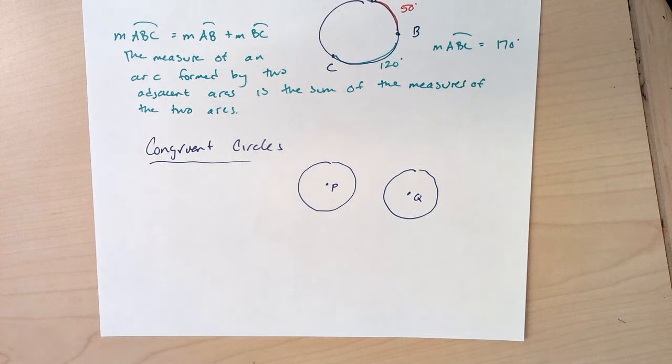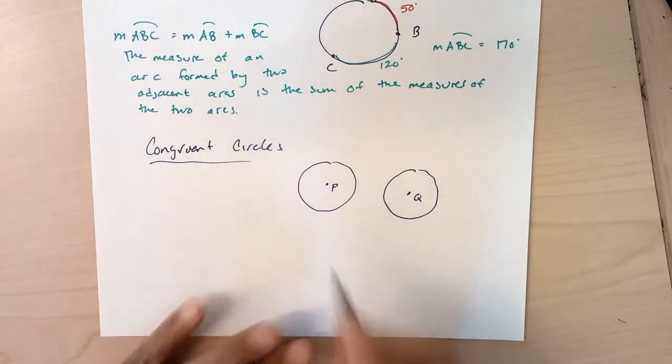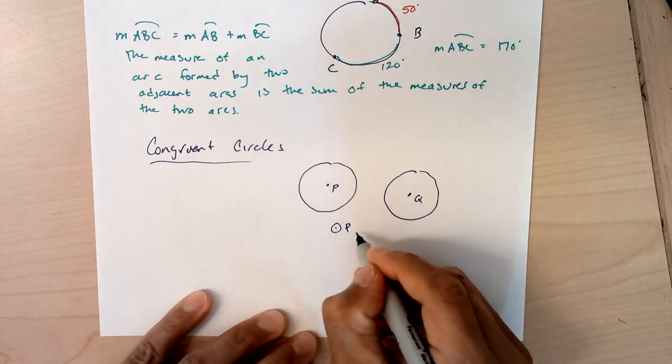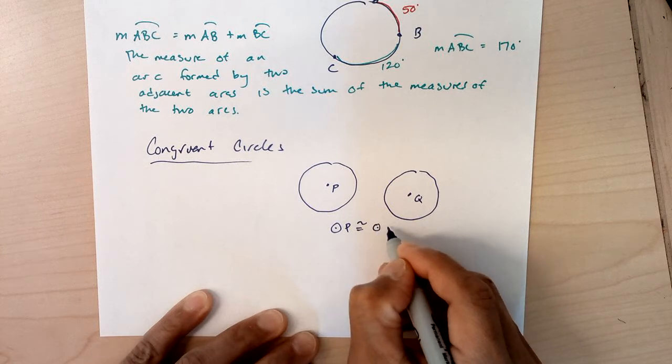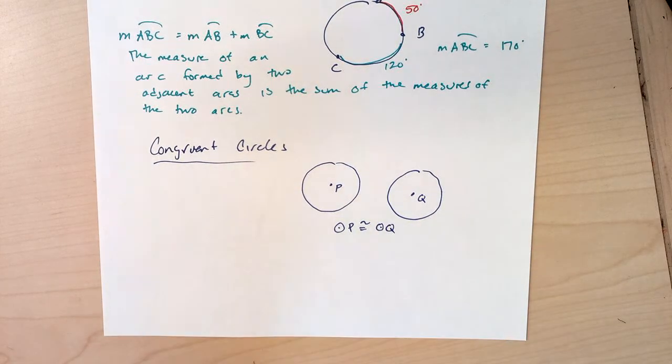Just like with congruent polygons, you could also have congruent circles. So if my circles P and Q are congruent here, I could write a congruent statement and write circle P is congruent to circle Q, but that would only be true if the radii of the two circles were congruent.